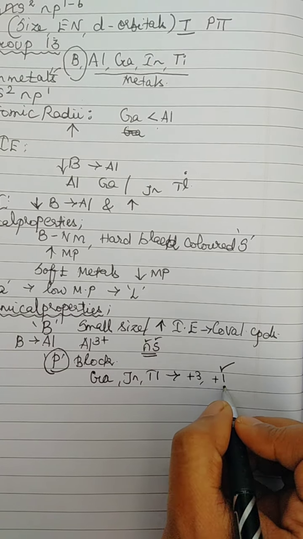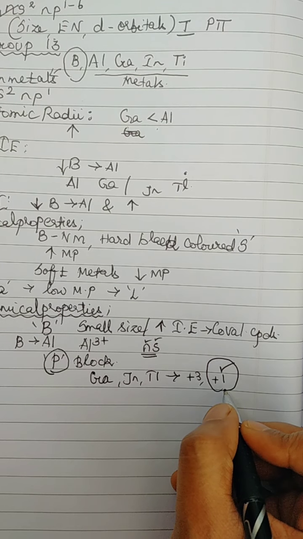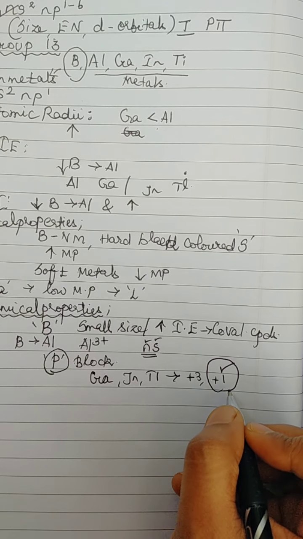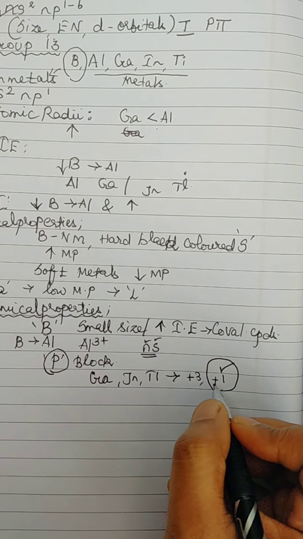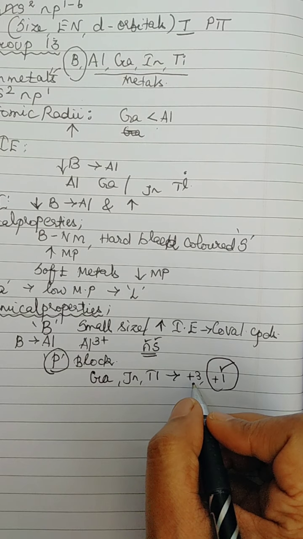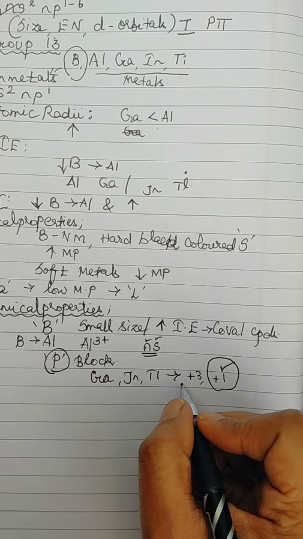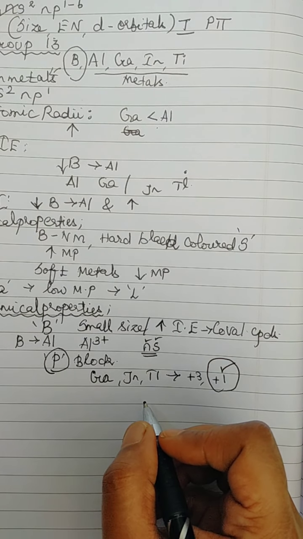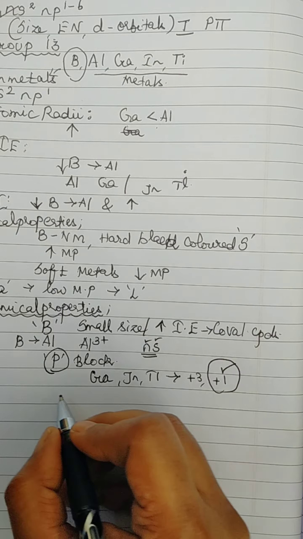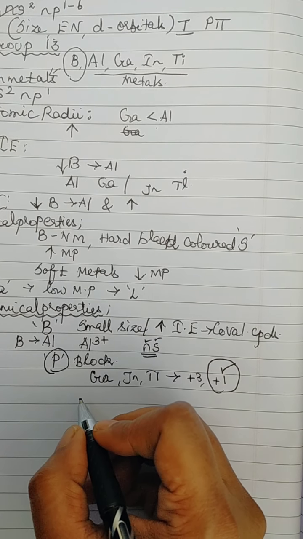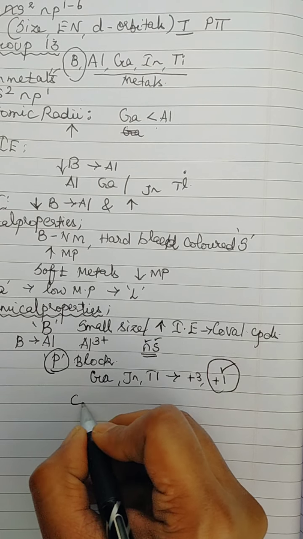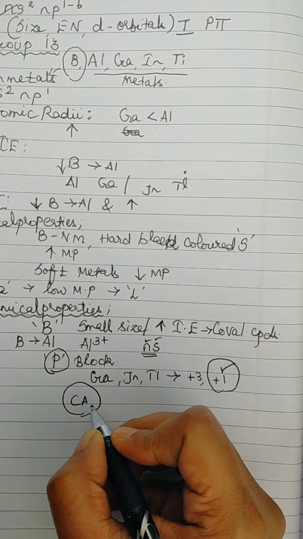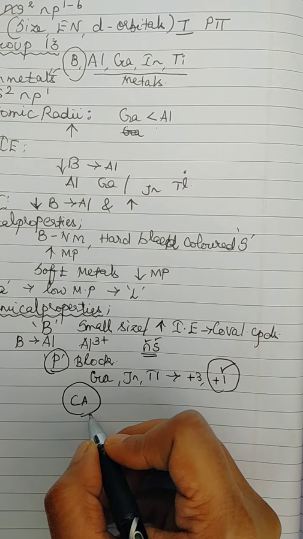A compound present in the plus 1 oxidation state is more ionic than in the plus 3 oxidation state. The number of electrons around the central atom in a molecule of these compounds will be 6. In the plus 3 oxidation state, you have a central atom with electrons surrounding it.